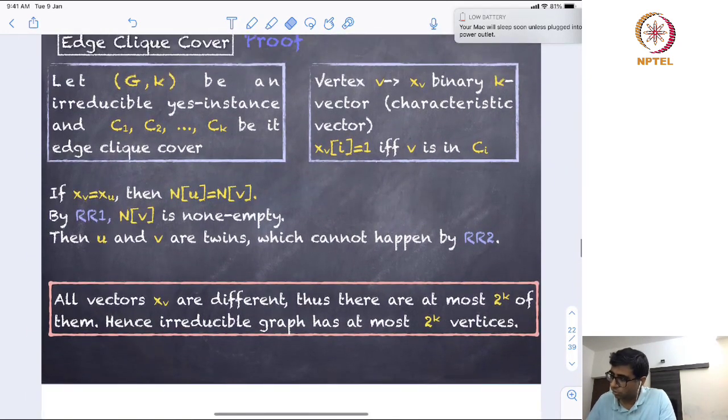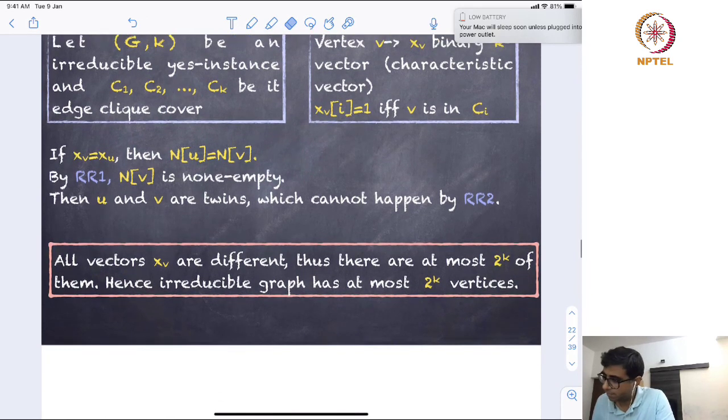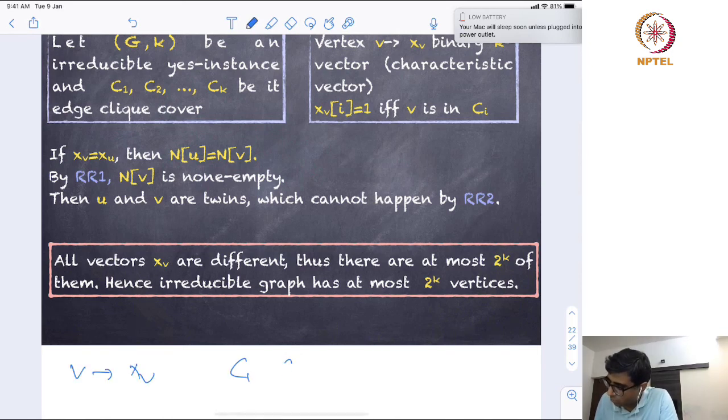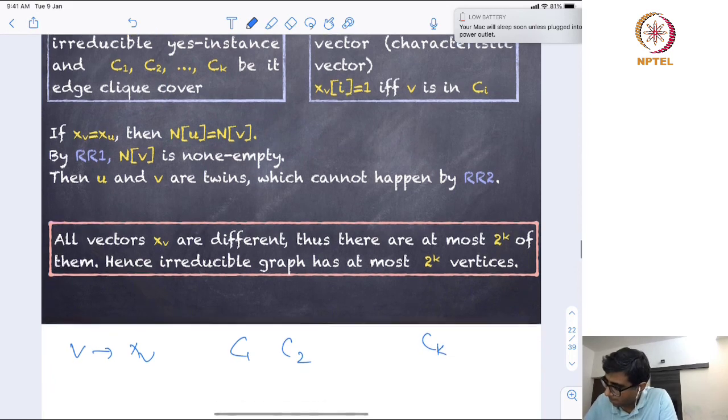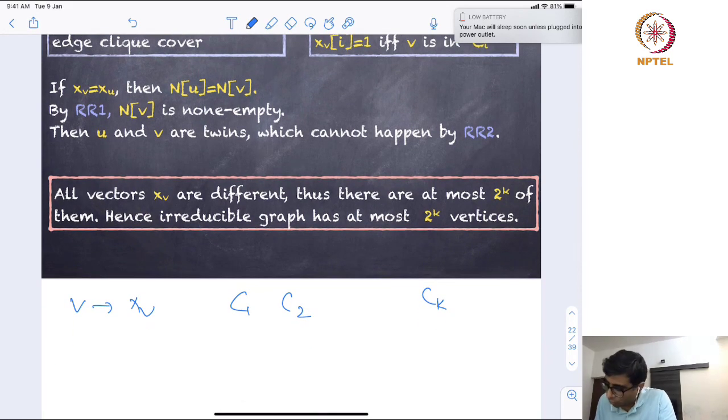For every vertex V, let's associate a binary vector xv. Let's fix these cliques C1, C2, Ck. Is V present in C1? Then I put 1. Is V present in C2? The answer is no, then I put 0. Is V present in Ck? Yes. So you get a k-length vector which tells in which cliques V is present.